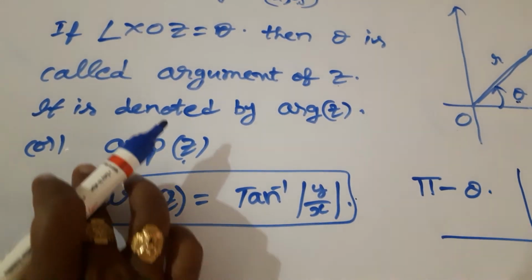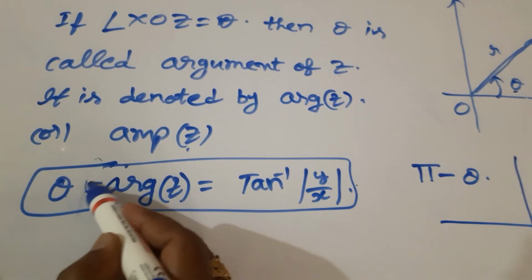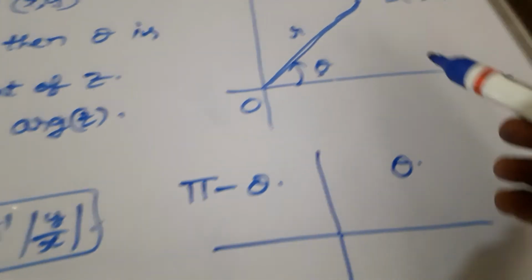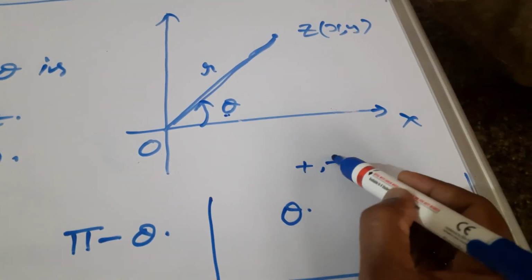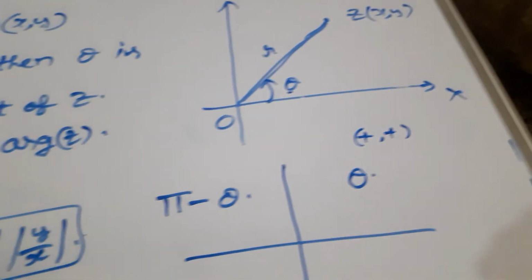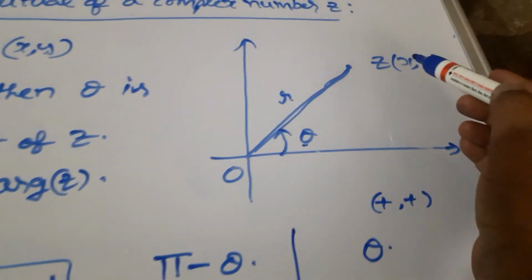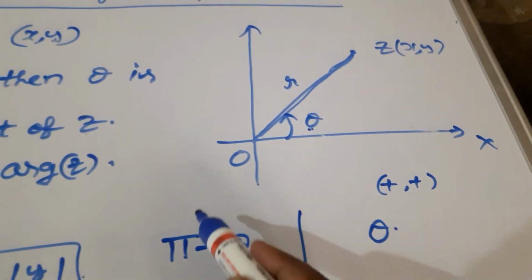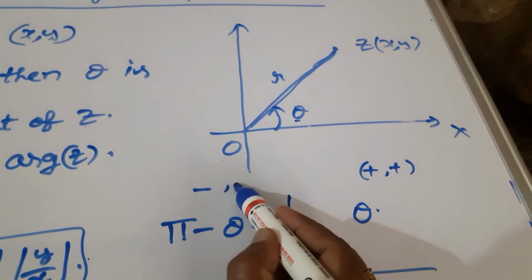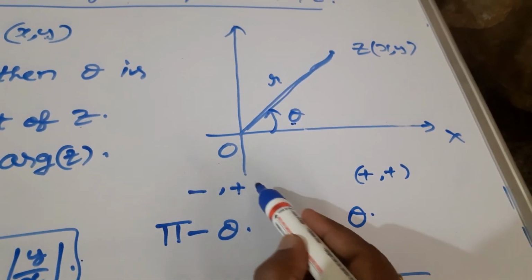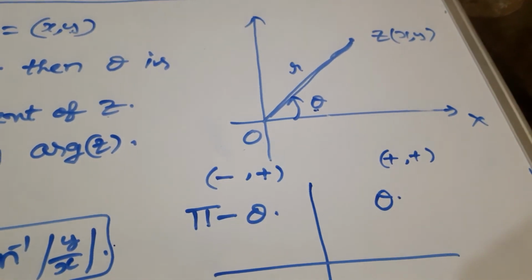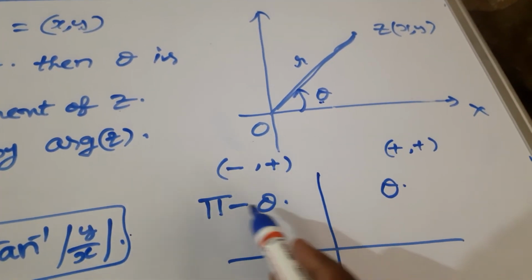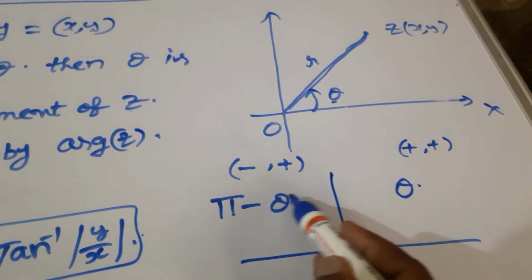In first quadrant, that is in the complex number x comma y, x positive and y positive, both are positive, the same formula we can apply. If x is negative and y is positive, then for the argument we apply pi minus theta.